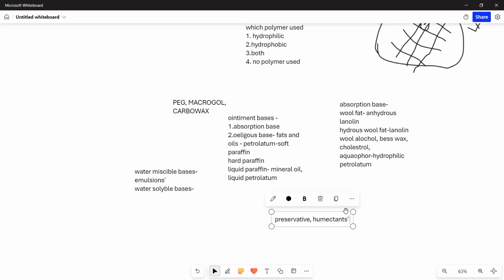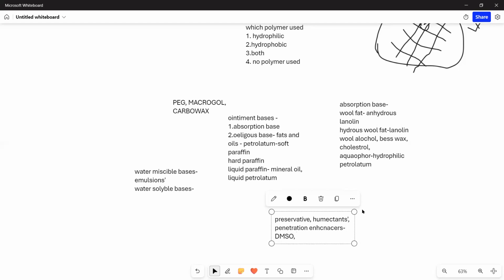It also contains penetration enhancers. Examples of penetration enhancers: DMSO, great. Other examples? Come on, guys, you have to be quick. You have to recall all the examples, because to score great in pharmaceutics, the only key is to remember all the possible excipients.